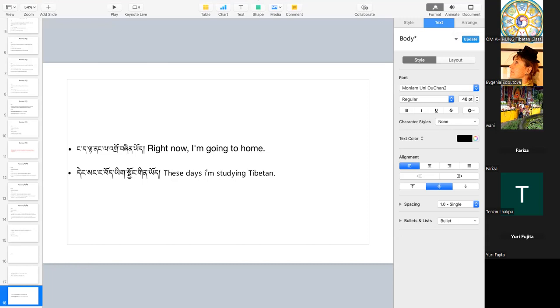Now it means that I'm studying Tibetan these days, meaning that I was studying yesterday, I am studying right now, and then I did study today, or right now I study, and then next time also, whenever it's the Tibetan class, I will study Tibetan.